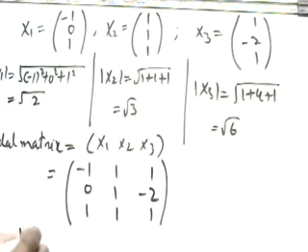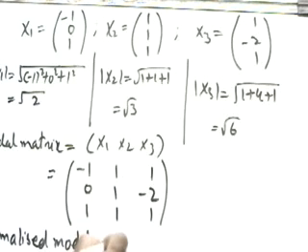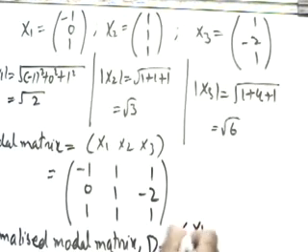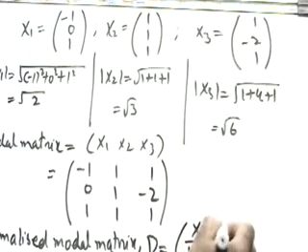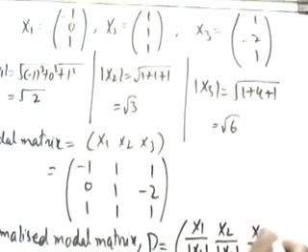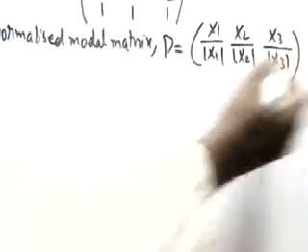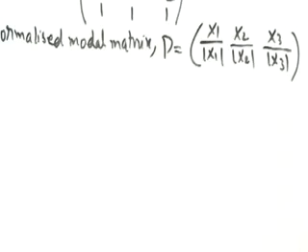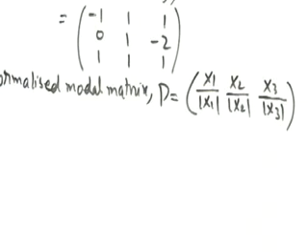Now we have to find the normalized model matrix. So the normalized model matrix is P equals x1 by mod x1, x2 by mod x2, x3 by mod x3. This is the normalized model matrix.